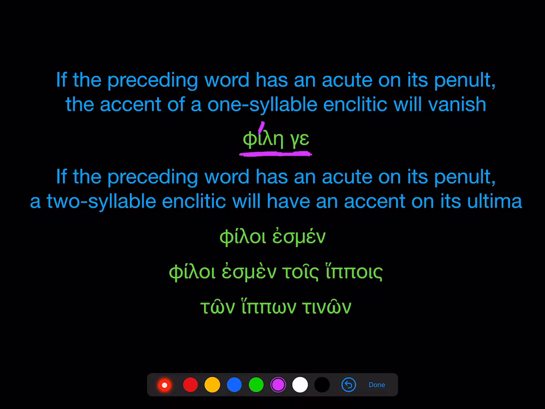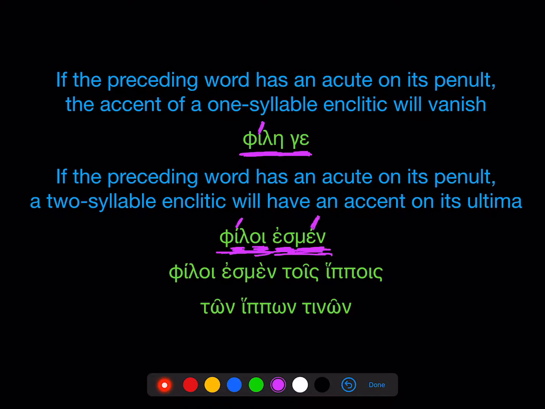But if you follow it with a disyllabic enclitic, then we have a problem. So in this example, philoi eisin, right? Here we have an acute on the penult, and when you follow it with a disyllabic enclitic, let's count back: ultima, penult, antepenult. So the accent is way back there. So that's when we add an accent to the ultima of the disyllabic enclitic. Okay?